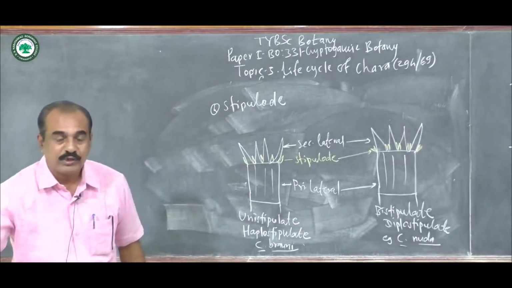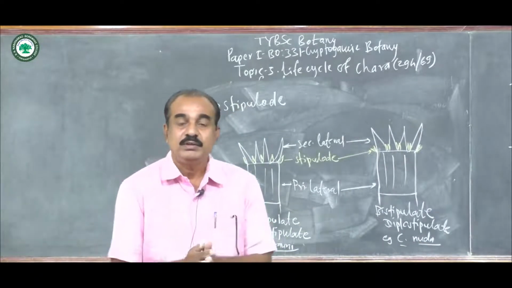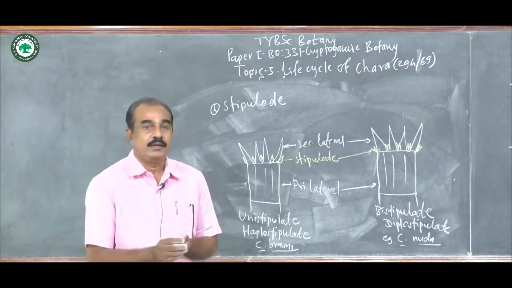So this is the 4th type of branch which develops on the thallus of the Chara.